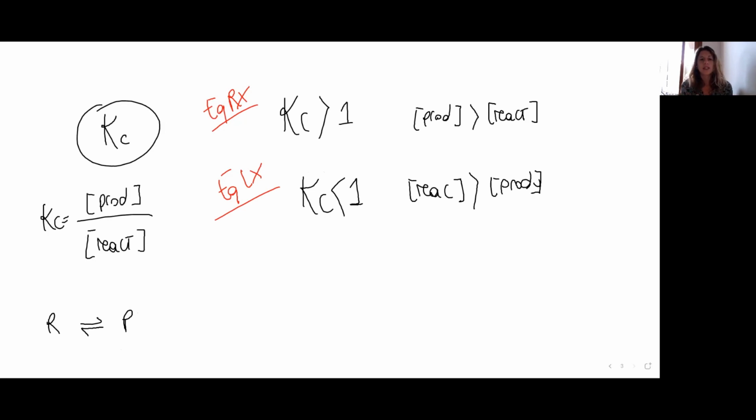One more thing to think about, and this comes from the knowledge of Le Chatelier's principle, is that the only factor that affects the value of Kc is the temperature. Remember that an increase in temperature favors the endothermic side.